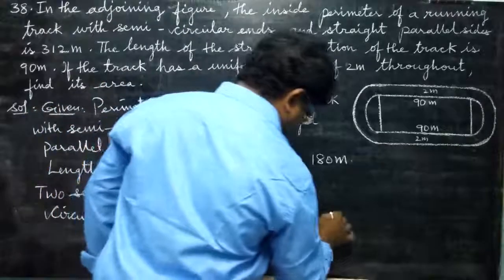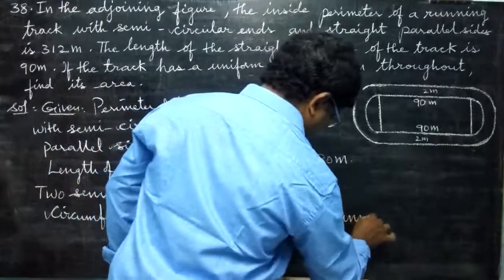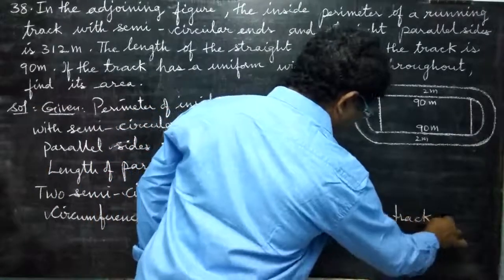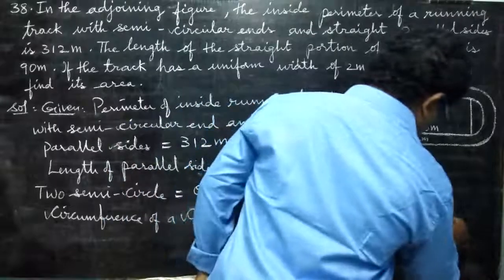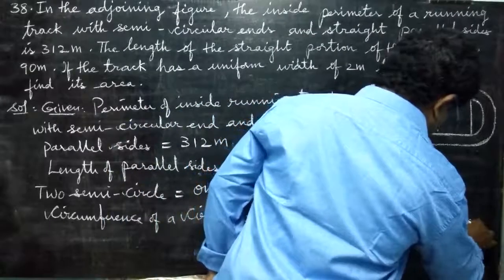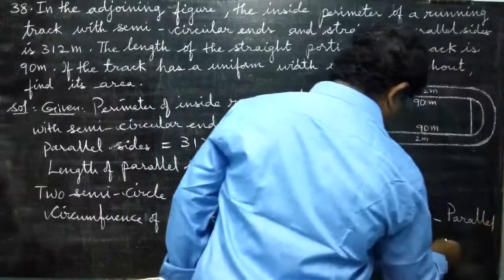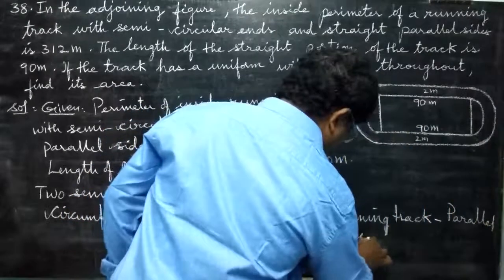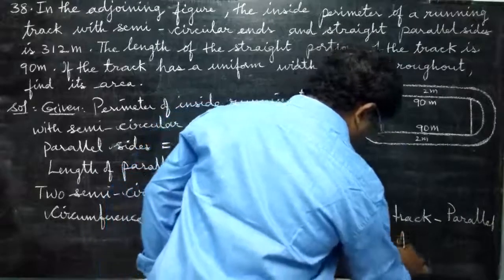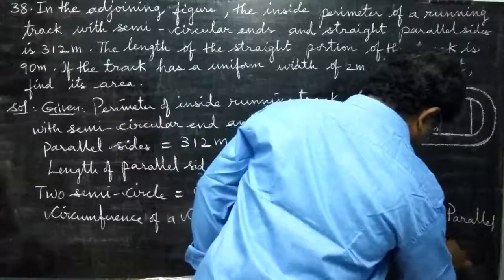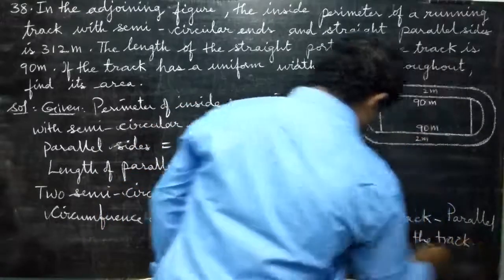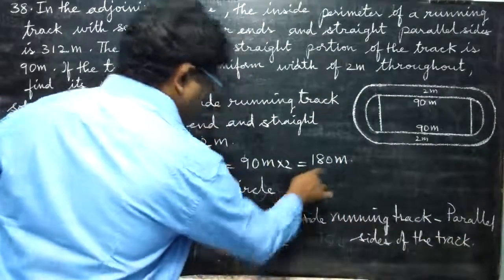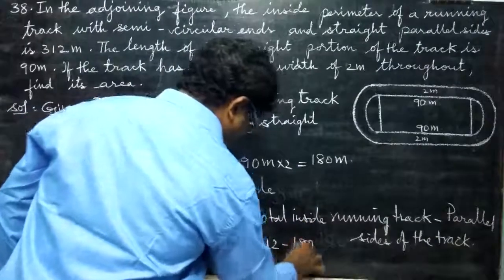Total inside running track minus parallel sides of the track, these are inside only, that is equal to 312 minus how much we got? 180.